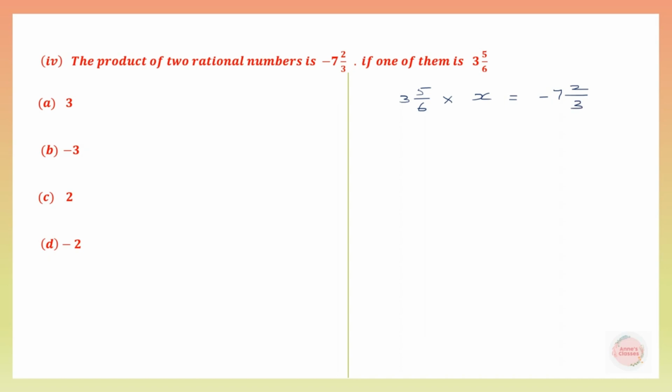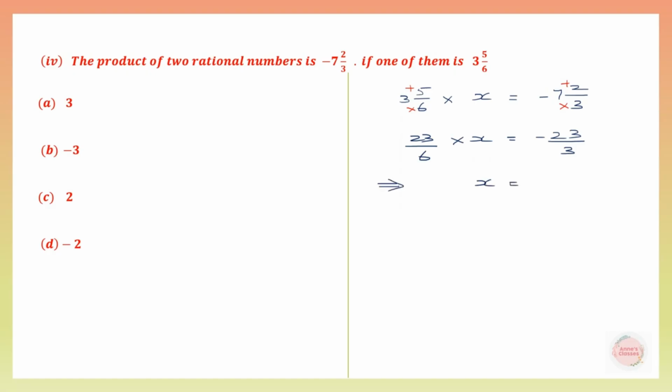So now first let's convert this. 6 3s are 18 plus 5 is 23. So that will be 23 by 6 into x, which is equal to, on this side we're going to convert again. 3 7s are 21 plus 2, 21, 22, 23. So minus 23 by 3. Now we're going to solve for x.